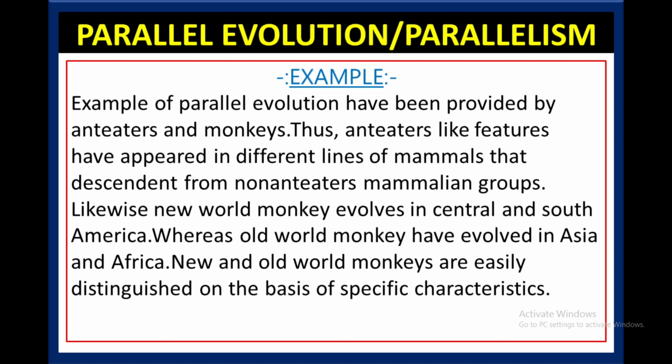Likewise, New World monkeys evolved in Central and South America, whereas Old World monkeys evolved in Asia and Africa. New and Old World monkeys are easily distinguished on the basis of specific characteristics.